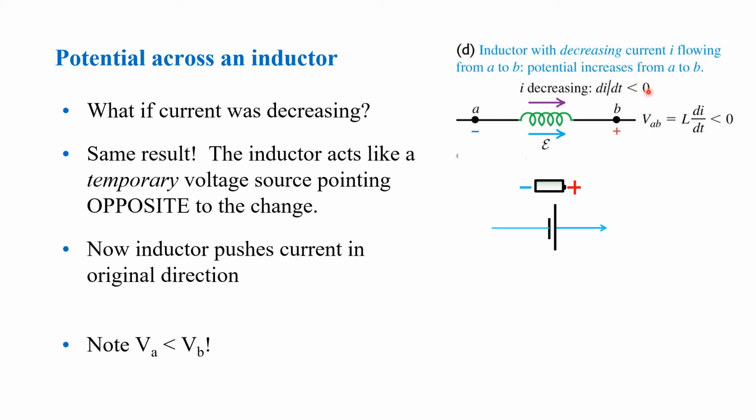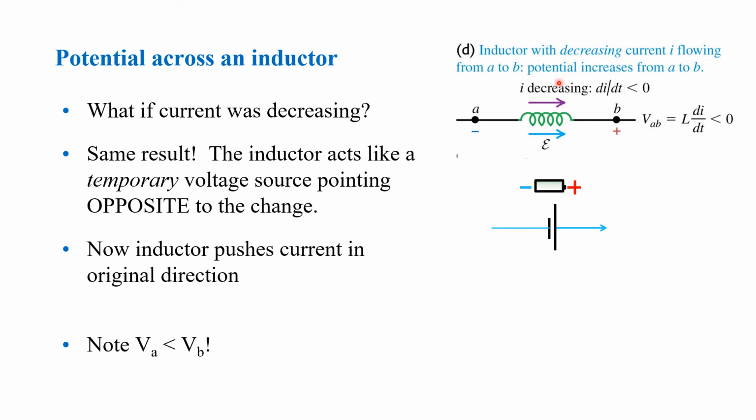And if that is the case, then your induced EMF or your potential between points A and B, which is L times dI over dt, is also less than zero. So it's a negative. So you still have the same result. The inductor still acts like a temporary voltage source, but this time it points opposite to the change. And now the inductor pushes the current in the original direction.